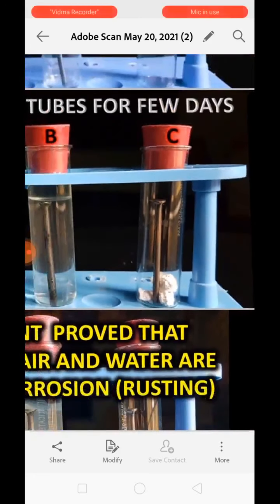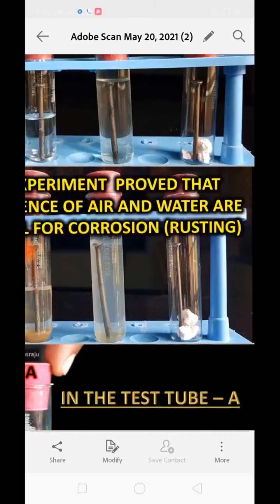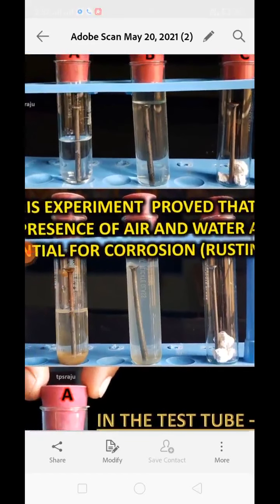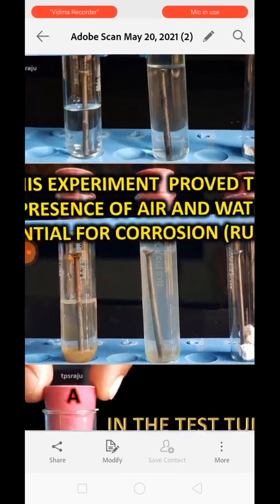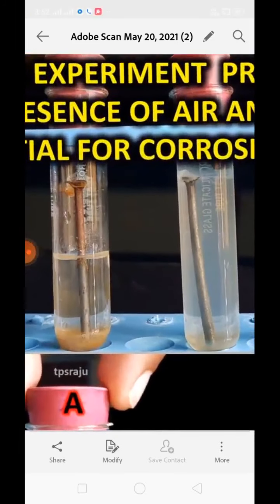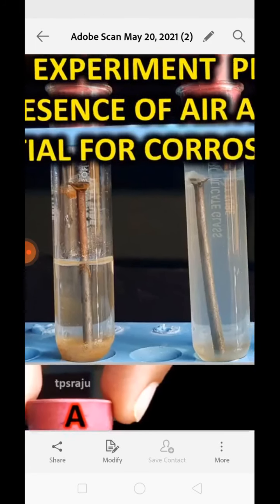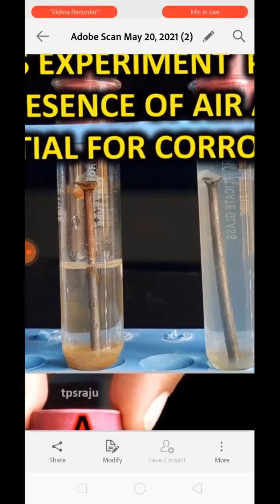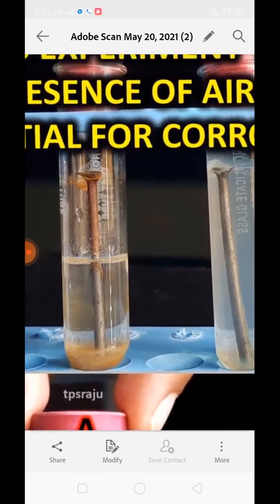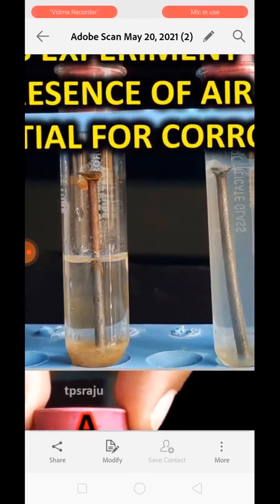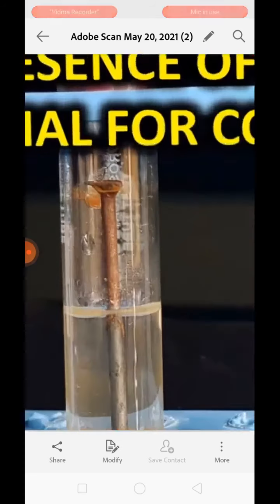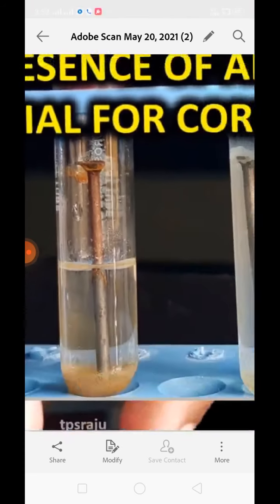Now see over here. When we have left it for a longer period of time, what will happen? The test tube A, which had the iron nail inside tap water, now gets rusted. You can see clearly it is now rusted.